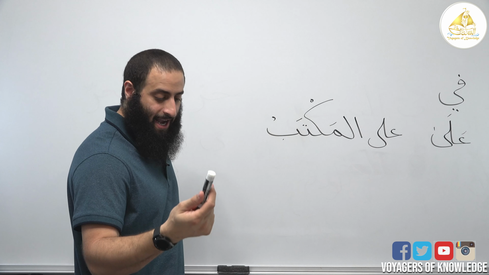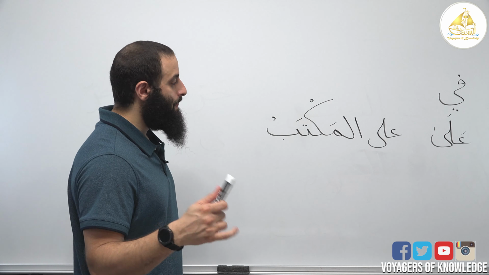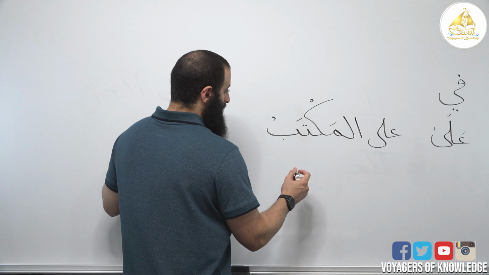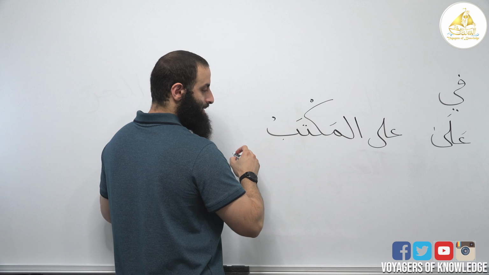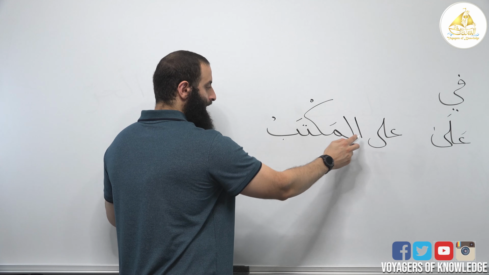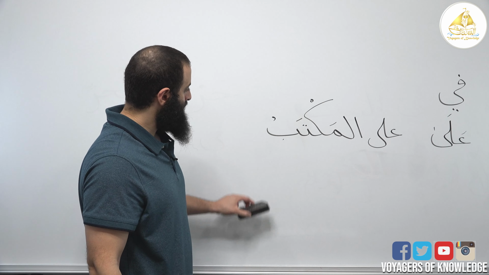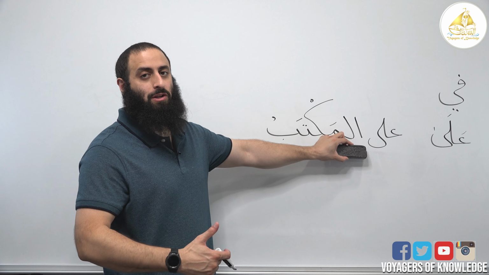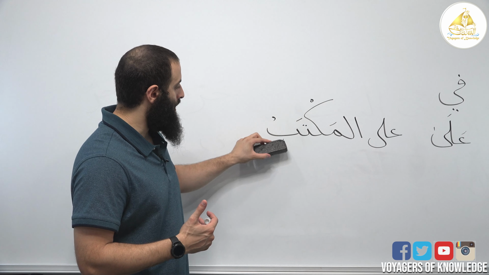Al-qalamu ala al-maktab. Ala means on. So this means on the desk. On the desk. Ala al-maktabu. We have one more problem. Ala is a harf jar. What happens to an ism when a harf jar comes in front of it?